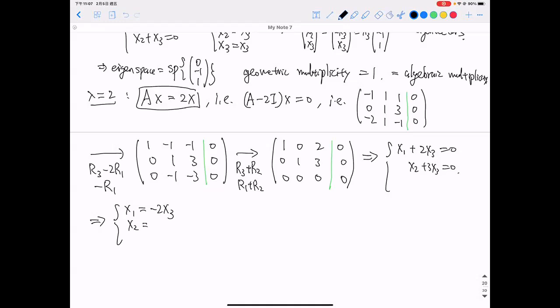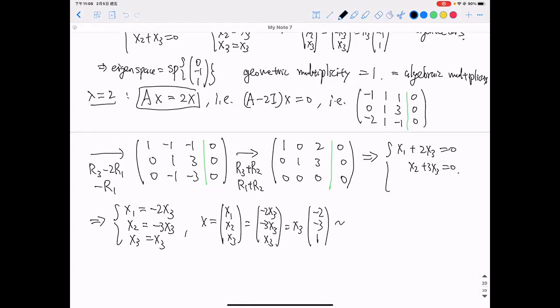X2 is minus 3X3. X3 is still X3. So the vector X, X1, X2, X3, is minus 2X3, minus 3X3, X3, which is X3 times minus 2, minus 3, and 1.